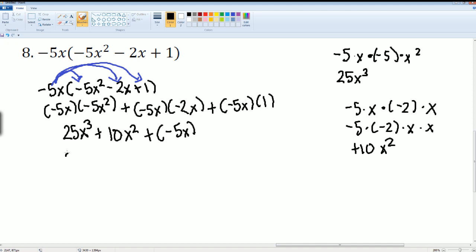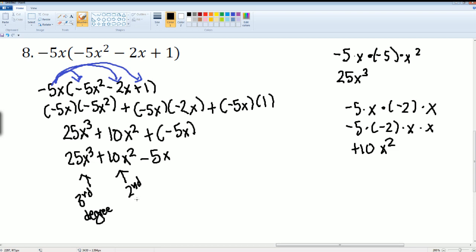So here you can simplify: 25x cubed plus 10x squared minus 5x. You cannot combine these because these are all different things. This has a degree of 3. This is the second degree.